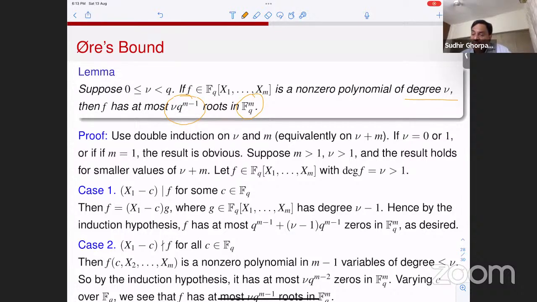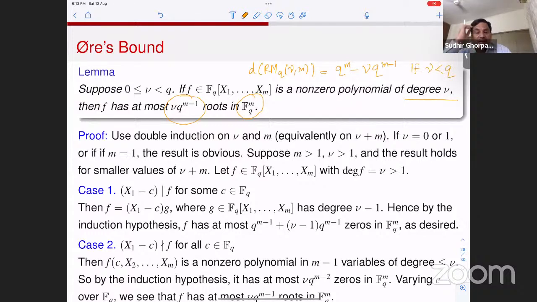So, for example, if m were equal to 1, you're saying a polynomial in one variable of degree nu has at most nu roots. But this is a generalization of that to polynomials in several variables, except over finite fields. Once you get that, it is easy to see that the minimum distance of the Reed-Muller code of order nu and length q to the m is q to the m minus nu times q to the m minus 1, if nu is less than q.